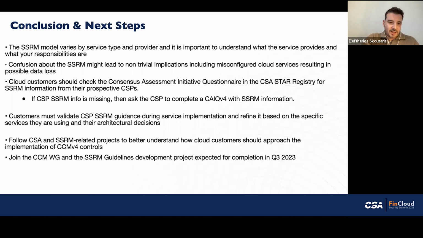So just a quick update. The project is still at an early stage. It is expected to be completed later within Q4 this year. So you are welcome to join and contribute to that. There is pretty much time there to have some additional contributions.